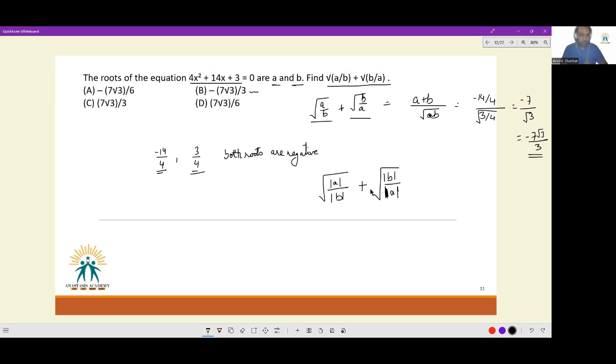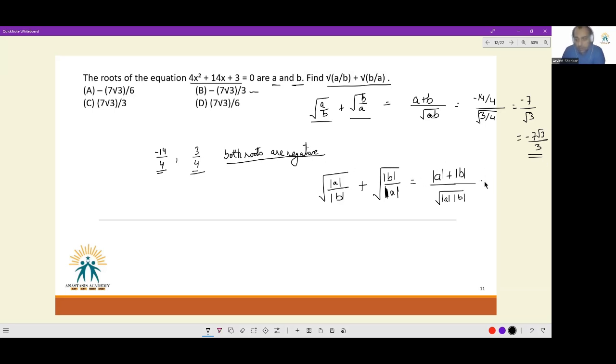But in this form, you don't really need that. The final result will still be positive, but what this gets us to is (|a| + |b|)/√(|a||b|). Both roots are negative.